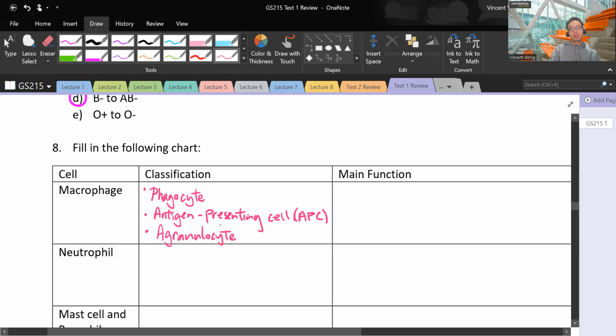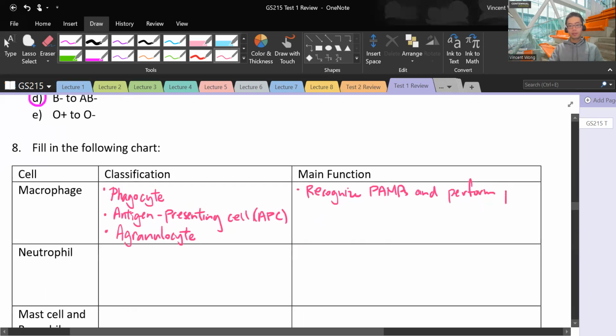Okay. So some classifications are based on morphology, what they look like. Some classifications are based on their function. The main function is to recognize PAMPs and perform phagocytosis.